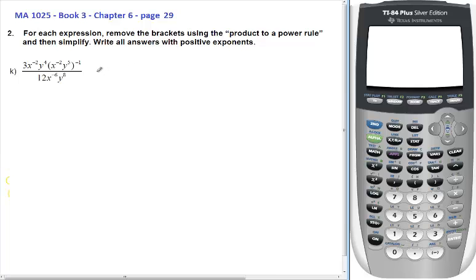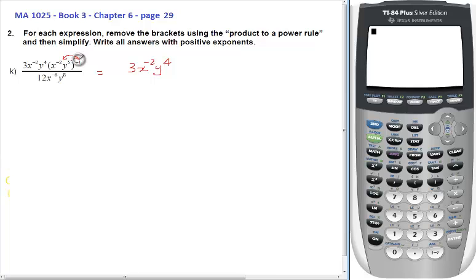So let's look at the very first step. Now I see brackets here with an exponent outside. So the first thing I'm going to do is get rid of those brackets. Okay? Now, the very first step would give me 3x to the negative 2y to the 4. No change in that. I want to get rid of these brackets first. So of course you know the product rule for power.